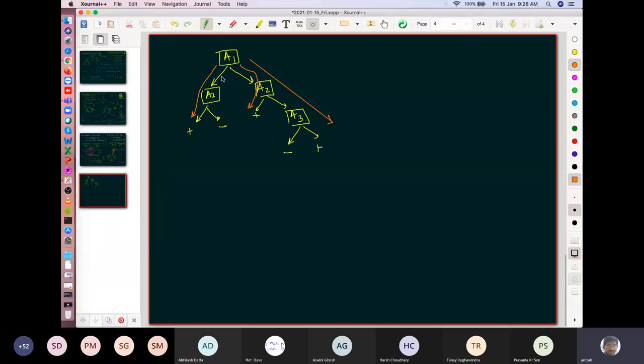Suppose A1 has V11, this is V12, this is V21, this is V22, this is V21, again this is V22, this is V31 and V32. So therefore the decision tree results, if you write the formula, in V11 and V21, or V12 and V21, or V12 and V22 and V32.